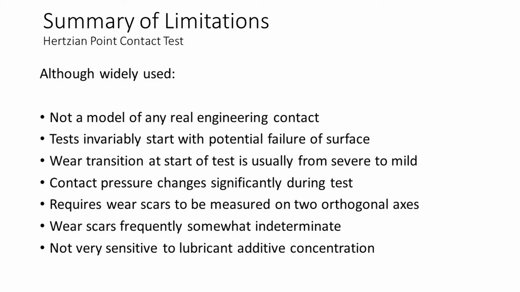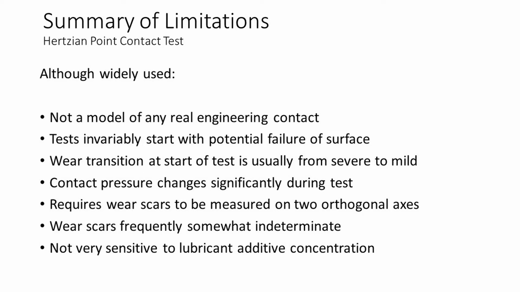Although it's a widely used test configuration, there are serious limitations with the sliding Hertzian point contact test geometry. These can be summarized as follows. It is not a model of any real engineering contact. Tests invariably start with potential failure of the surfaces. The wear transition at the start of the test is usually from severe to mild.